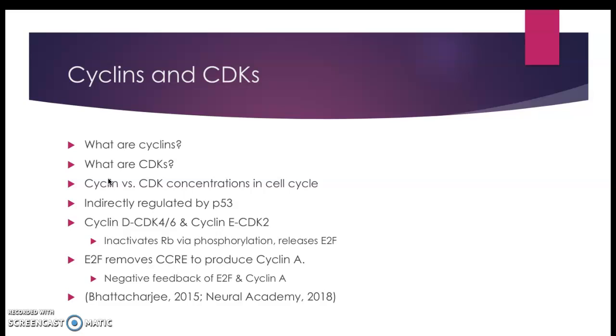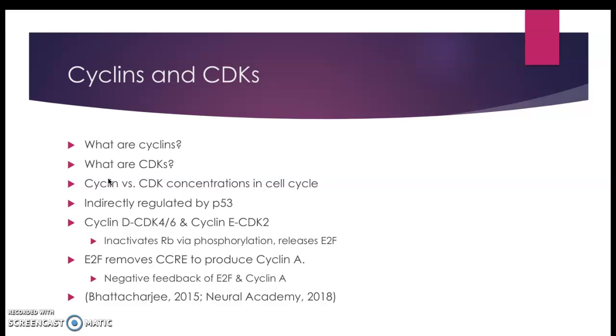So when G1 is initiated, cyclin D begins to drive G1 and the events within G1. And so CDK4 and CDK6 bind to cyclin D, and binding begins to inactivate RB, the retinoblastoma tumor suppressor protein.